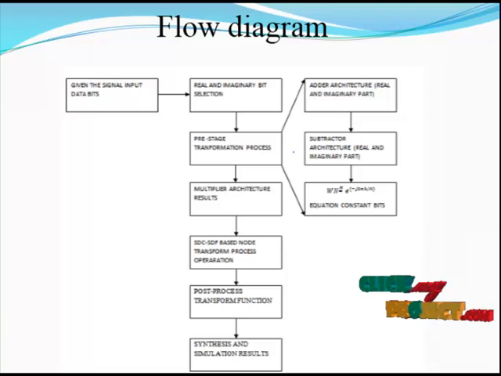Then the output of the pre-stage transformation process is given as input to the multiplier architecture results. The multiplier architecture results output is given to the input of the SDC SDF based node transform process operation. The output of the SDC SDF based node transform process operation is given as input to the post process transformation function.